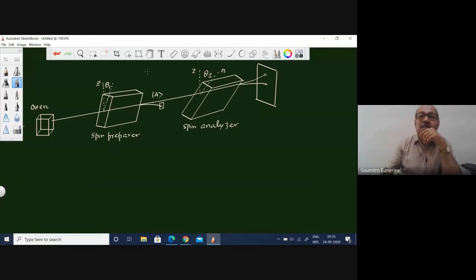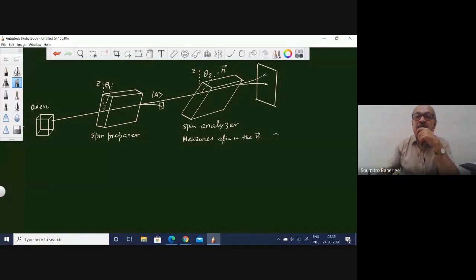So this is oriented in the n direction. So it measures the spin in the n direction, Sn. Okay. So this measures spin in the n direction.